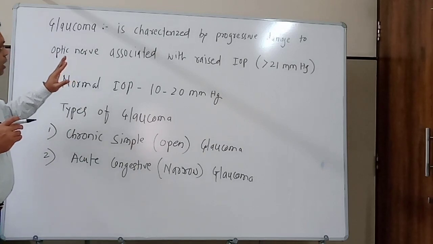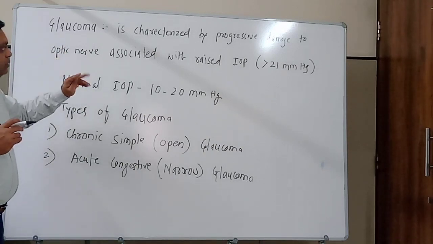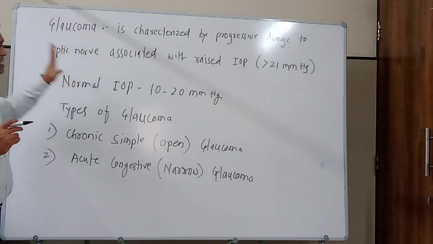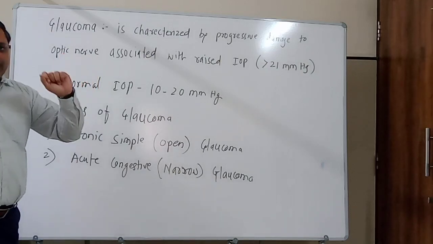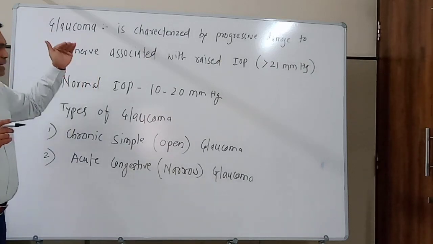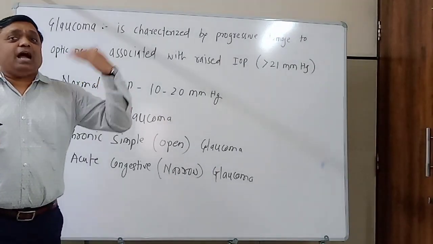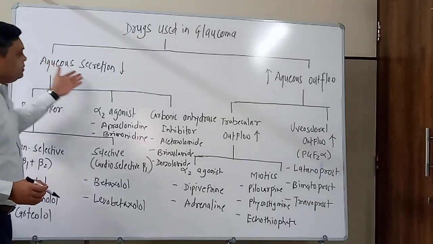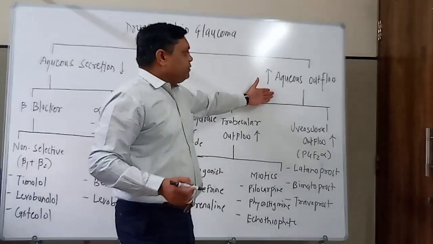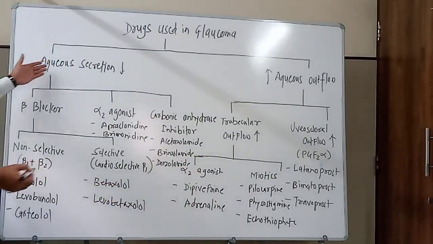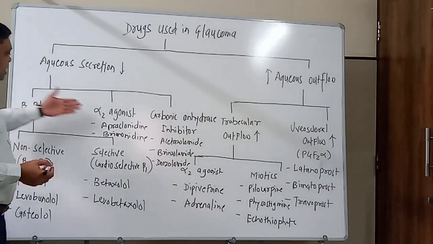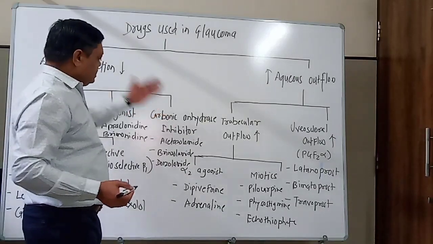Now, according to the mechanism of action, drugs are classified into two types: the drugs decreasing aqueous secretion and the drugs increasing aqueous outflow. Drugs decreasing aqueous secretion are beta blockers, alpha 2 agonists, and carbonic anhydrase inhibitors.